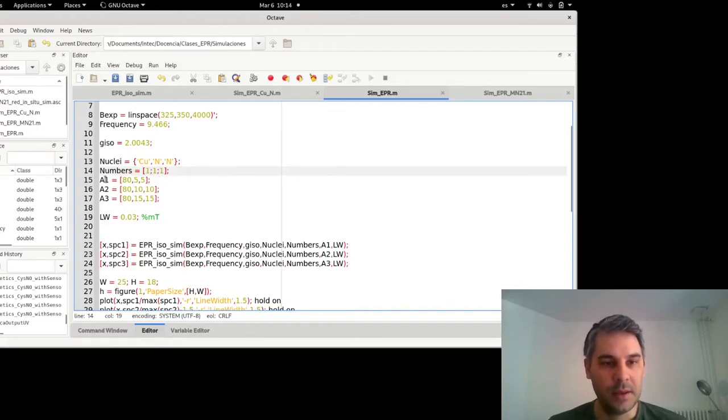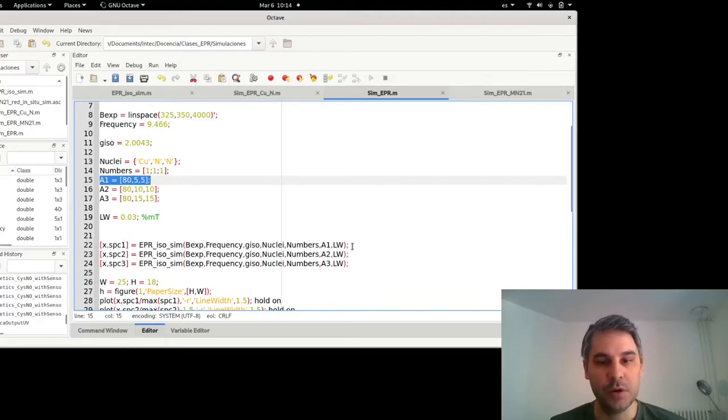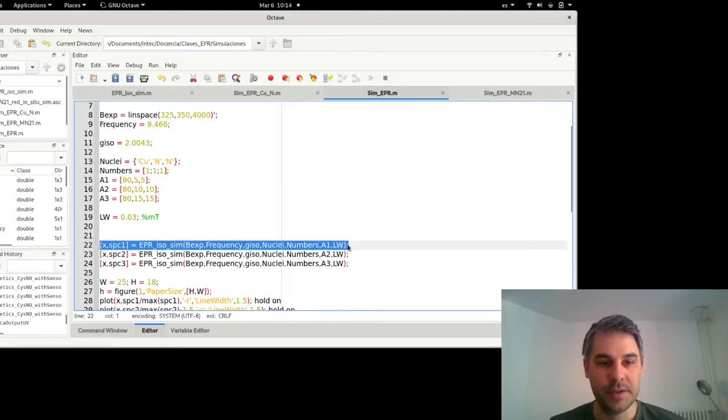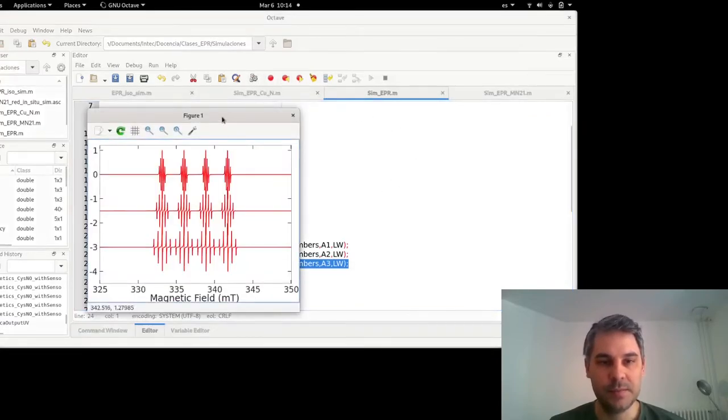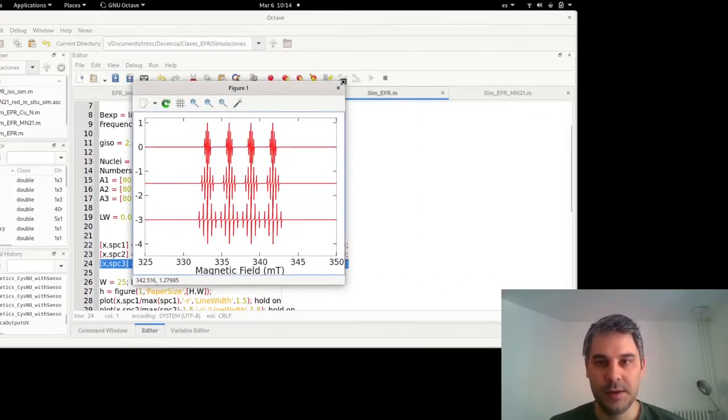And the hyperfine values that we're going to take are first 80 megahertz and 5 and 5 for the 2 nitrogens, then 80 10 10 and 80 15 15, and we are going to do 3 independent simulations that we're going to plot together. So we are calling the EPR isosim function 3 times.